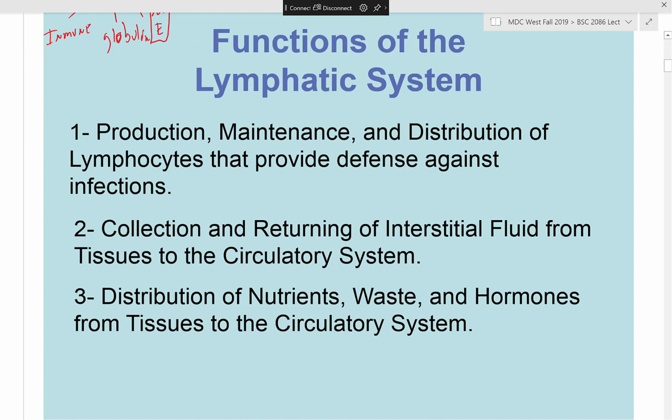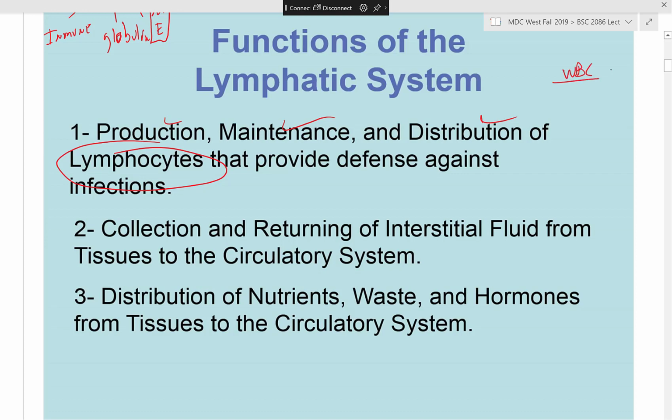What is the main function of the lymphatic system? The lymphatic system is to maintain, produce, and distribute lymphocytes, and since you have lymphocytes, they're part of your white blood cells. Because remember, what are the white blood cells?